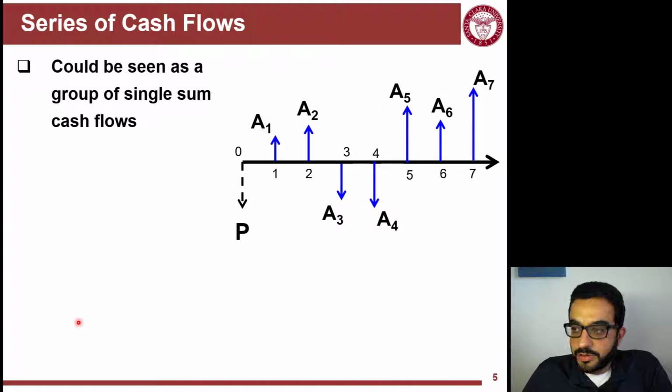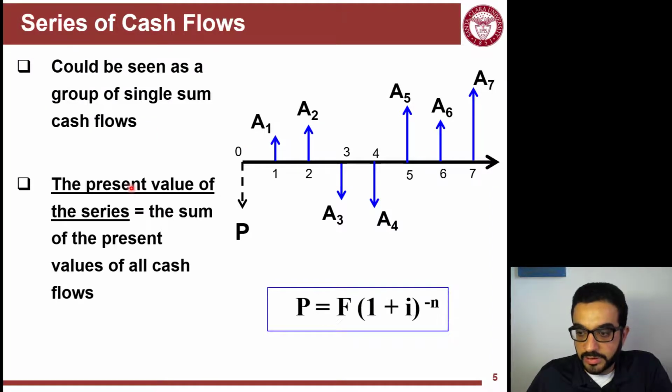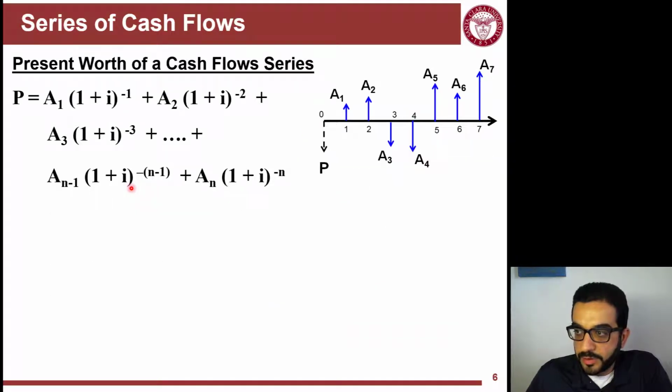So a generic look at a multiple cash flow, or a series of cash flows, is that every year you will have a value, either positive or negative. And the idea here is we are trying to calculate the present worth, or PW, or P, of these multiple cash flows that happen at different years. So the present worth will be the sum of the present values of all the cash flows that happen during the lifespan.